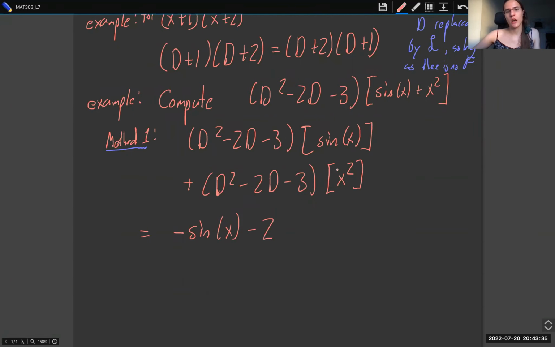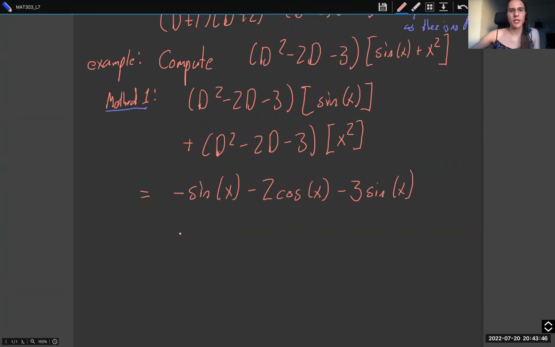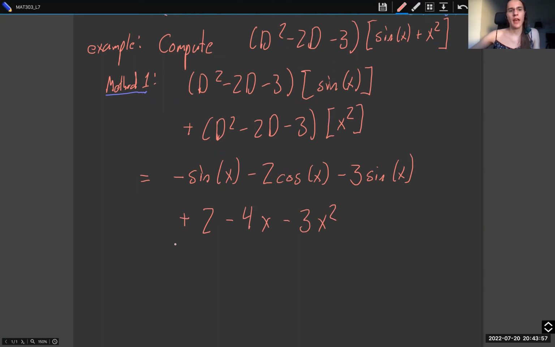Minus 2 cosine. Minus 3 sine. Then what do we get here? Well, we differentiate x squared twice, we get 2 minus 4x minus 3x squared, which we could also rewrite as minus 3x squared minus 4x plus 2.